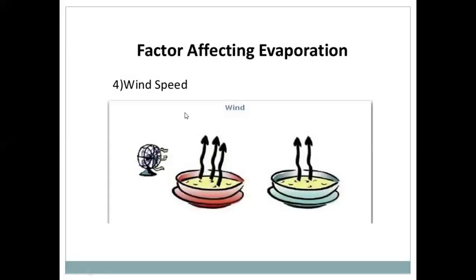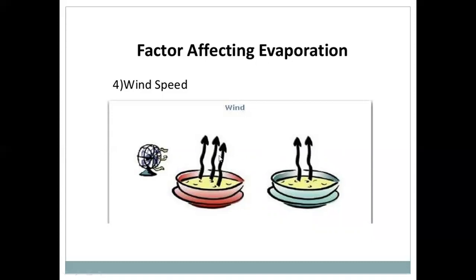Fourth factor, wind speed. As you see, the red container here is exposed to a fan, and there is a current of air here. The evaporation, represented by three arrows, is more, while this one that is far from the fan has evaporation represented by two arrows.